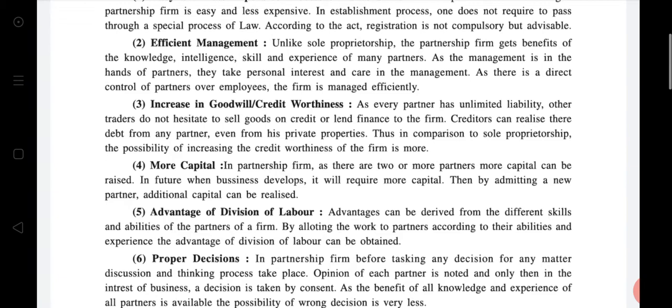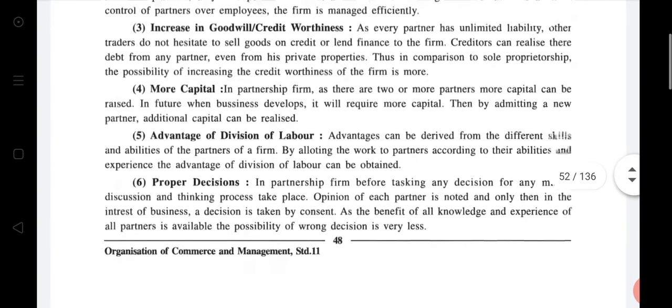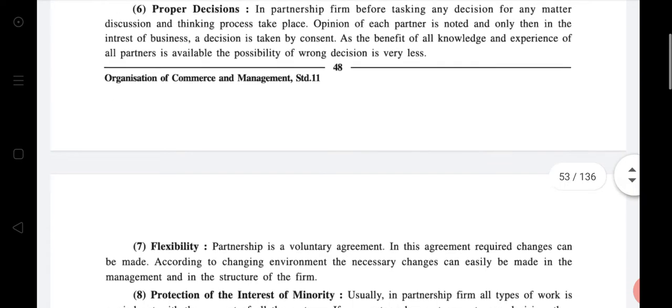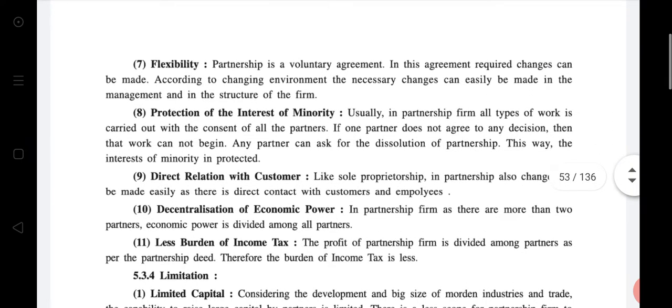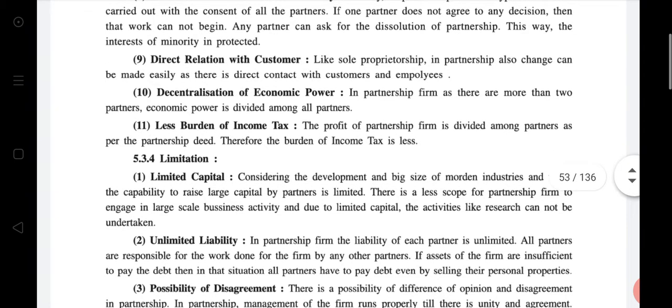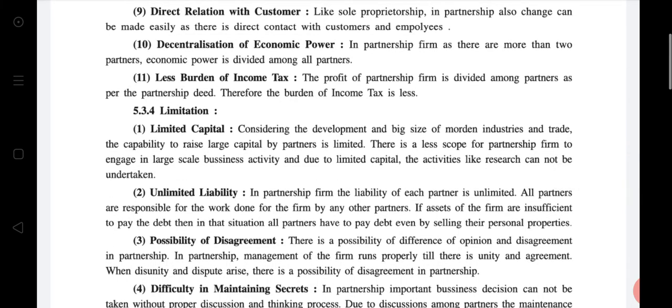That's why the benefits of all that go to the firm. Then increase in goodwill, more capital, and advantage of division of labor. Remember the example of partners A, B, and C. Then proper decision, flexibility, protection of interest of minority, direct relation with customer, decentralization of economic power, and less burden of income tax.